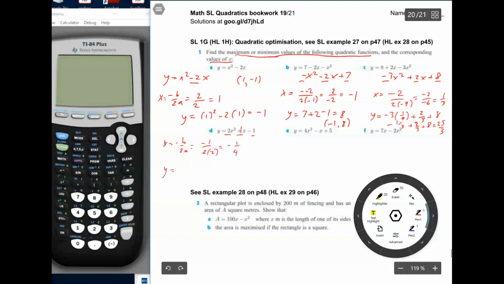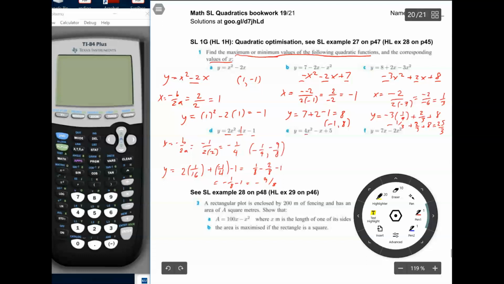And the y value is going to be equal to 2x squared, so that's 1/16, plus negative 1/4 minus 1, which is equal to 1/8 minus 1/4, which is 2/8, minus 1, which is equal to negative 1/8 minus 1, which is equal to negative 9/8. Okay, so our vertex here is negative 1/4, comma, negative 9/8.